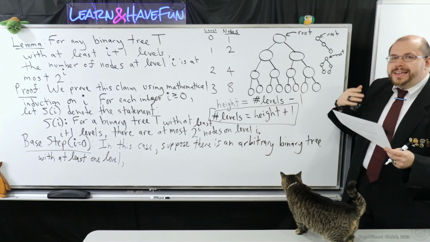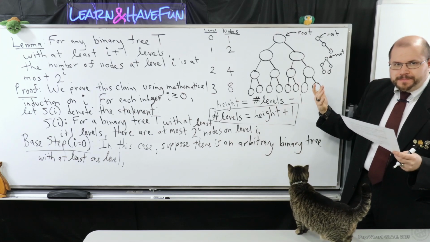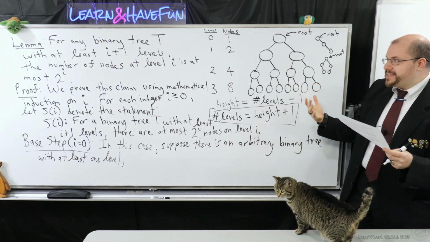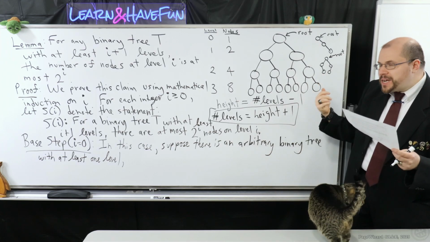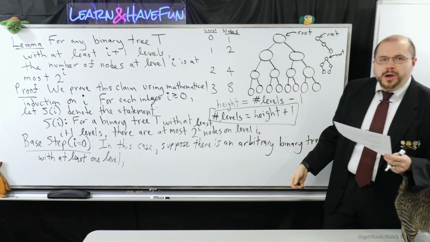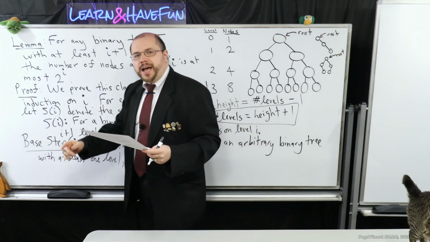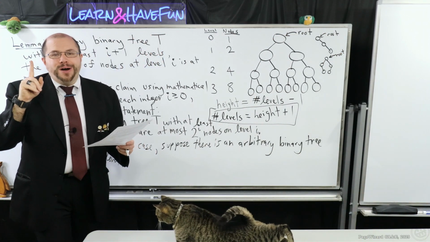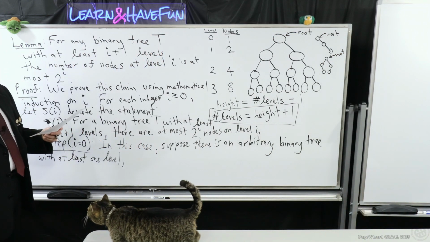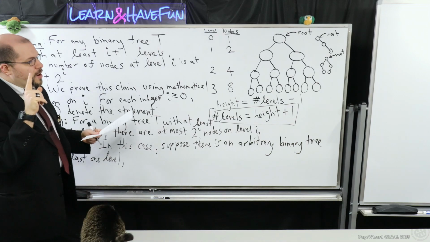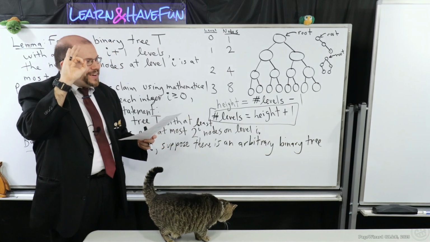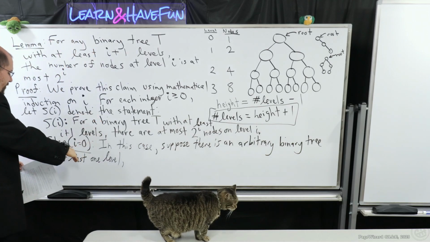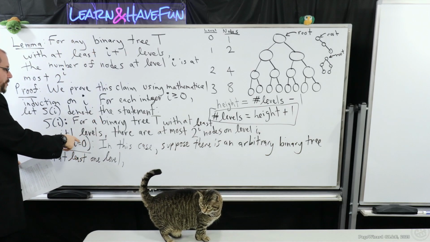But what can we say about that level? Since it exists, there has to be a node in that level. But what do we know that's very special about level 0? How many nodes can have depth 1? Well, are we actually considering level 1? No, we're considering level 0, right? Remember, we're talking about level 0.